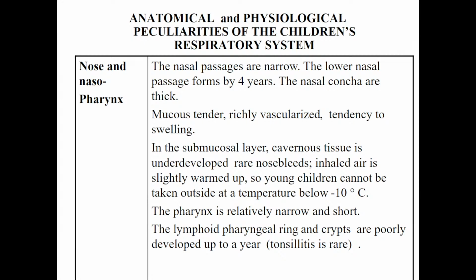The long nasal passage forms by 4 years. The nasal conchae are thick. Mucosa is tender, richly vascularized, which causes tendency to swelling and, as a result, leads to broncho-obstructive syndrome.